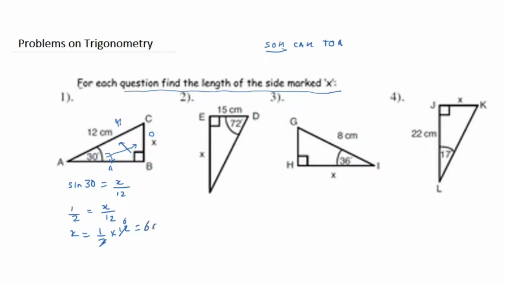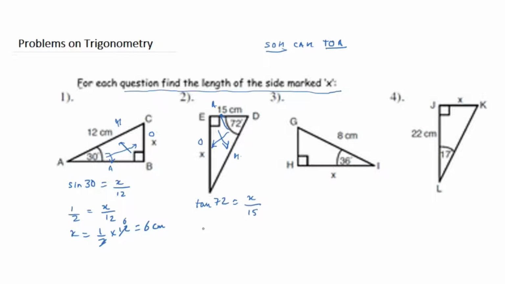Coming to this, the side opposite to the right angle is the hypotenuse, the side next to the angle given is the adjacent, and the side opposite to the angle given is the opposite. So here we are given the adjacent side and we need to find the opposite, which is marked x. So we'll use the function toa, or tan. We'll say that tan of 72 is going to be opposite over adjacent, or x over 15. Let's calculate tan of 72.